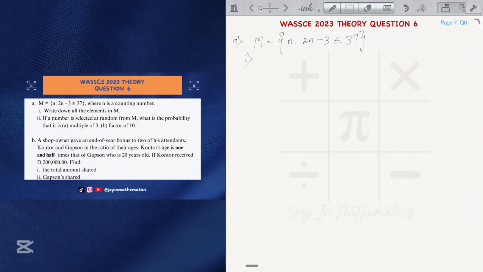To do this, we have to solve the inequality 2n minus 3 less than or equal to 37.